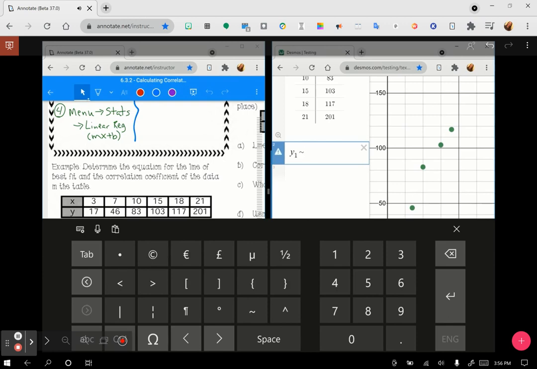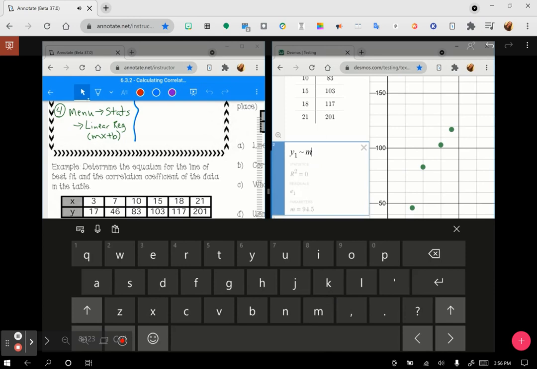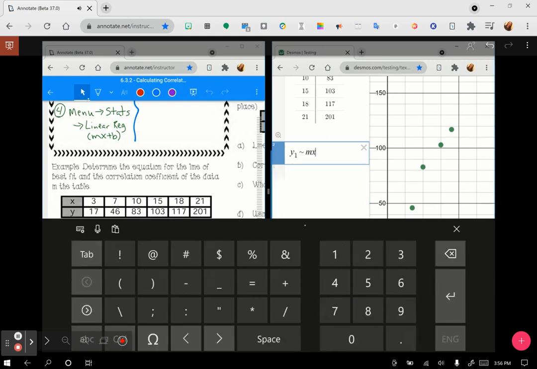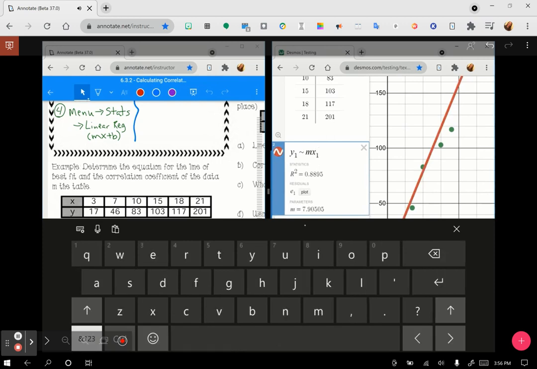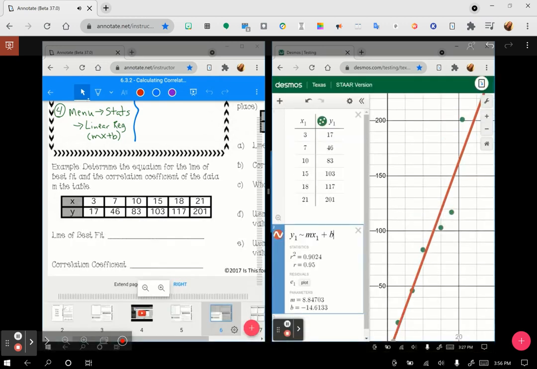So y1, and then we're going to type in our m, and then x1, because what we have in our table is x1 and y1, and then we're going to do plus b, because that's our linear equation that we like to use, our slope-intercept form, y equals mx plus b. So we're telling the calculator, the Desmos, to give us the information we need.